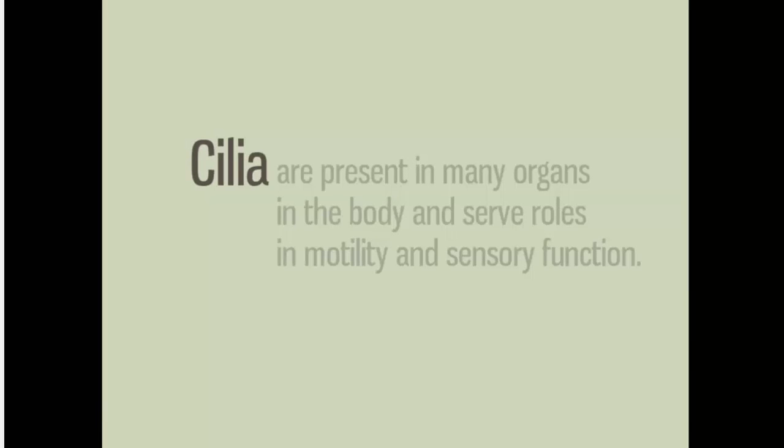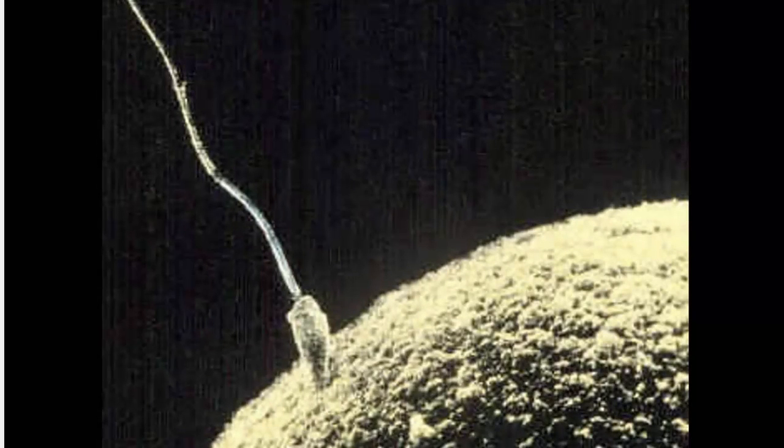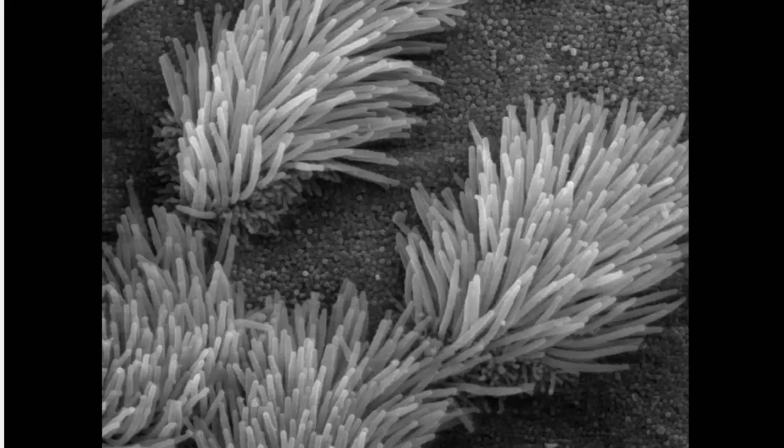Cilia are present in many organs in the body and serve roles in motility and sensory function. In males, flagella propel sperm through the female body toward the egg. In the female reproductive tract, cilia line the fallopian tubes to move eggs and embryos into the uterus. They also line the respiratory tract in both males and females, from the sinus to the lungs, to move mucus and trapped particles out of the body.